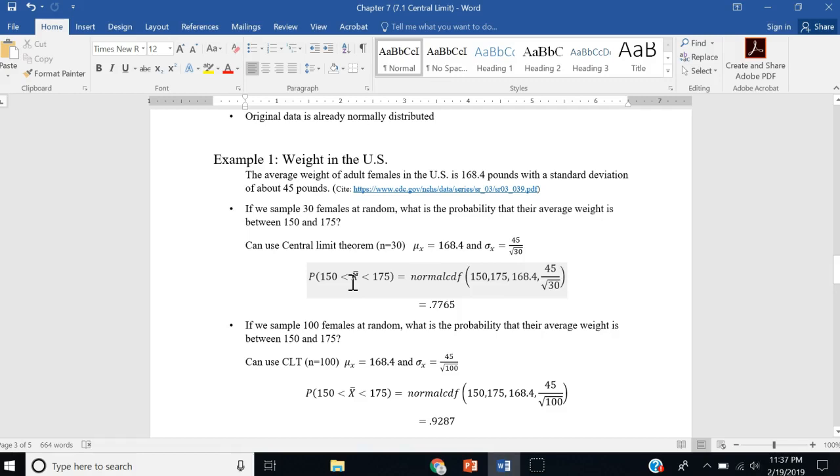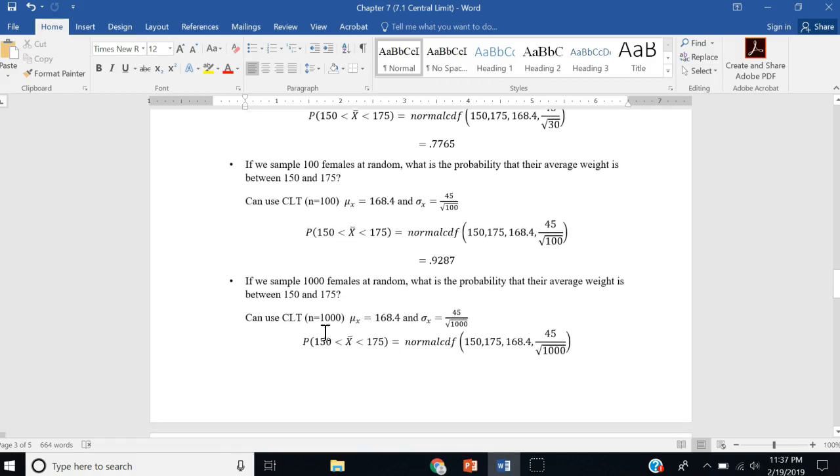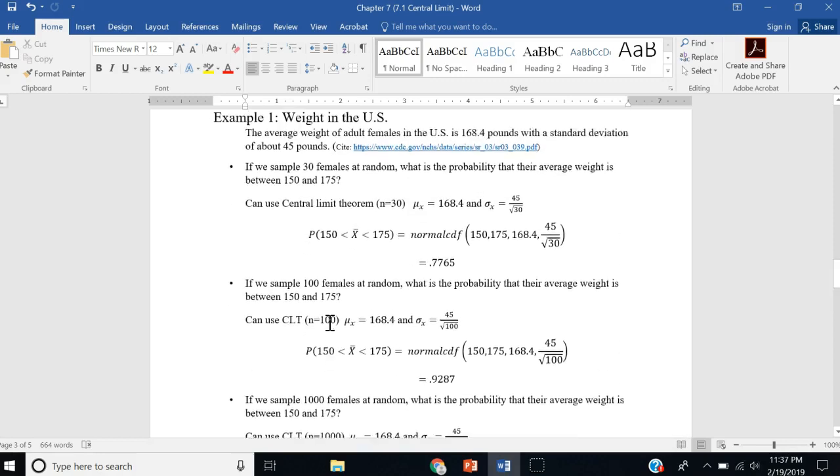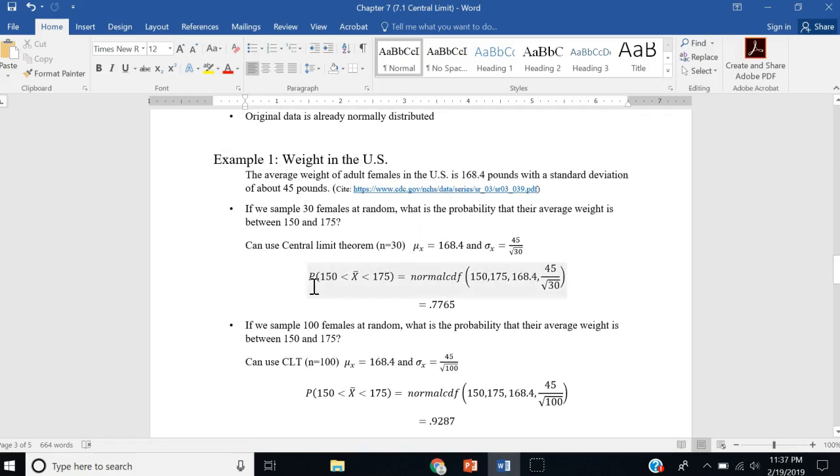So one way to think of this is to say, as you start sampling more and more people, or any individuals, the chance that you'll get something close to the actual average of the population grows.